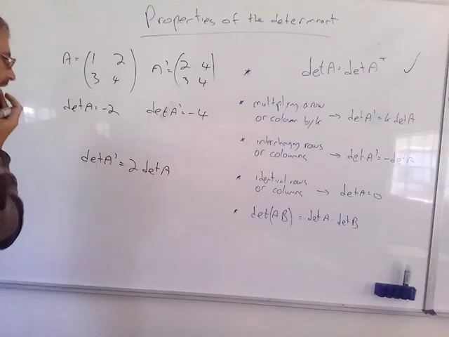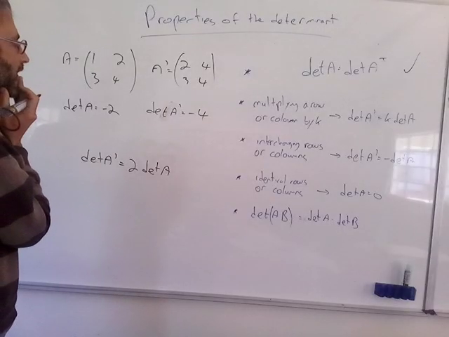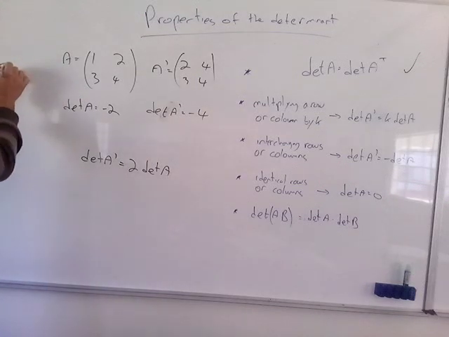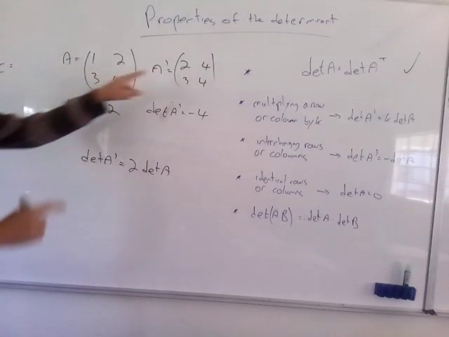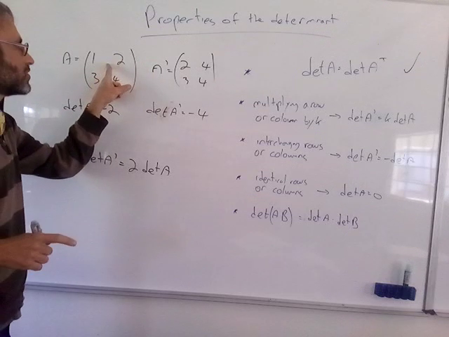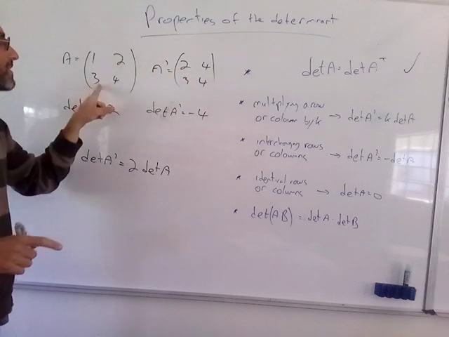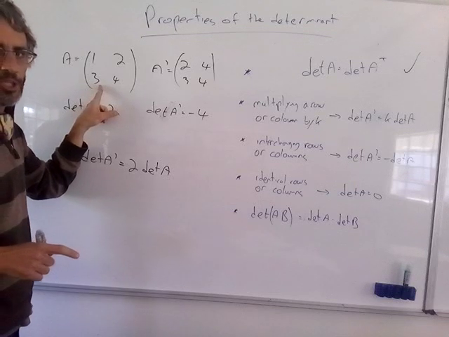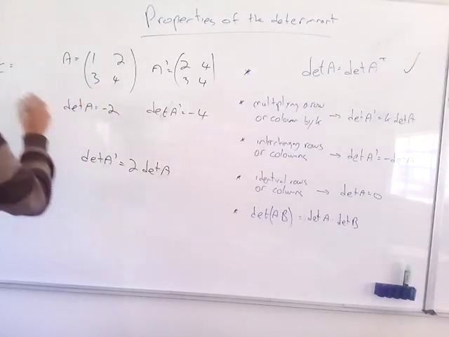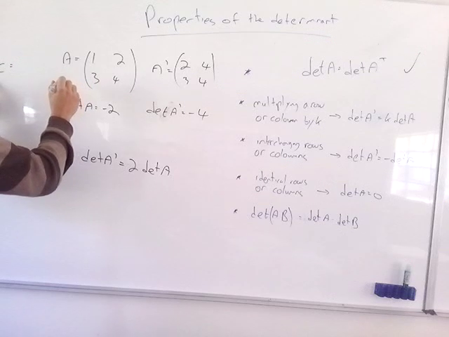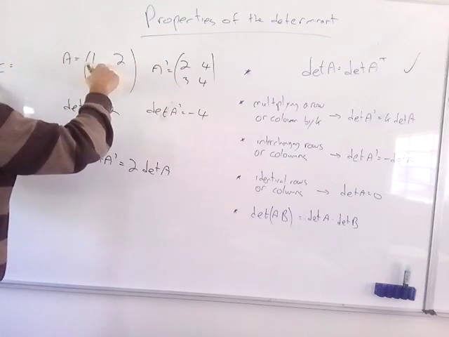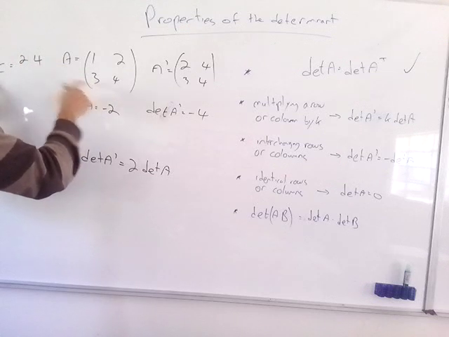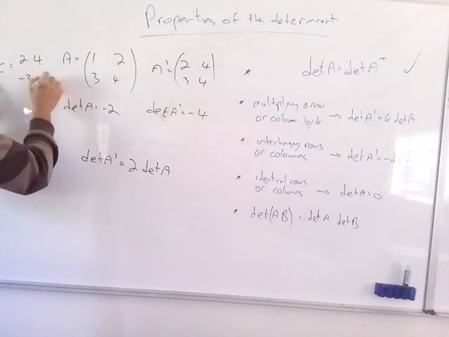Now, if, for example, I gave you another matrix C, and I'll write down C, okay? After multiplying the first row by 2, let's say now I multiply the second row by, I don't know, minus 1, okay? So the new matrix is going to be minus 3, minus 4.